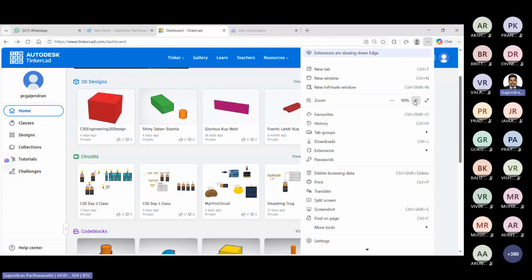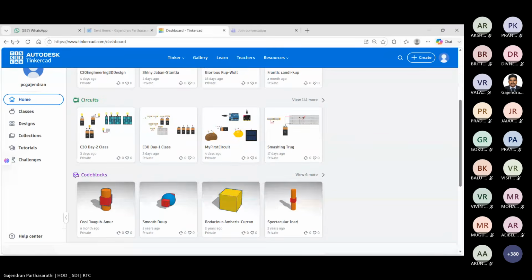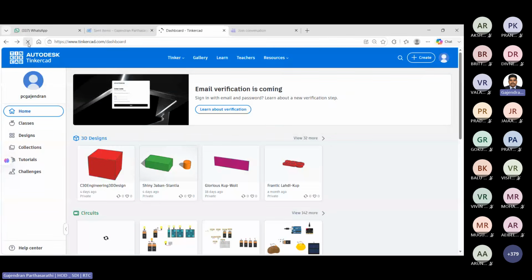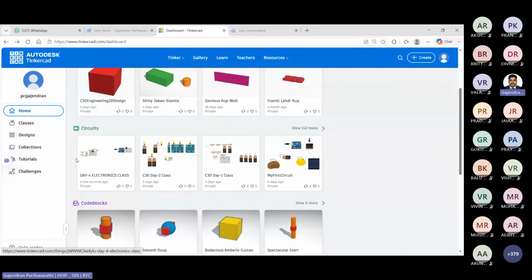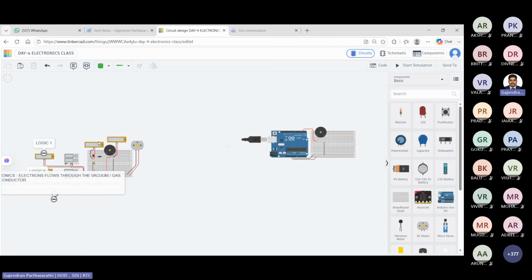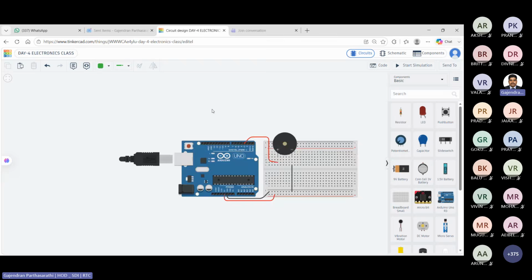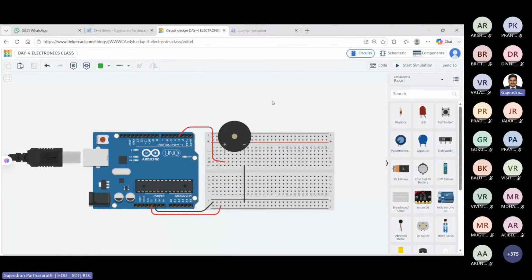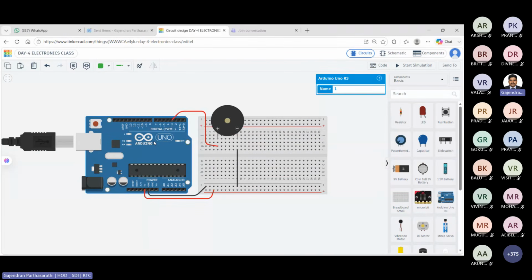Have you completed? Yes. Okay. Now we have connected the buzzer to pin number 3. As your friend said already, yes, done. Very good, engineer. Very good, Ajmal.